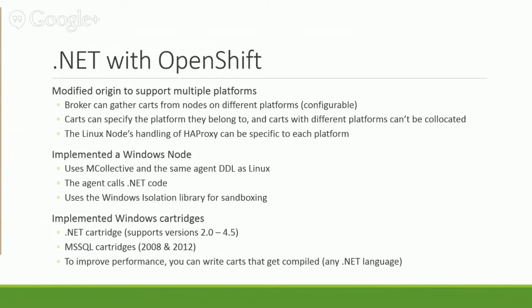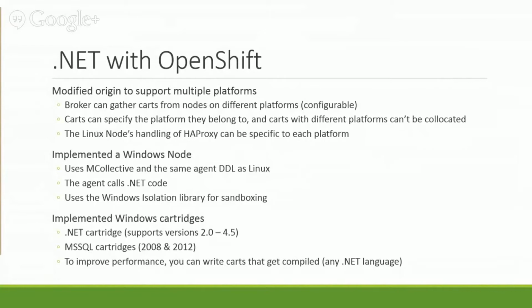But for Windows cartridges, you'll see in their manifest YAML a platform called Windows. We also changed how the Linux node handles the HAProxy cart, and this handling can now be different for each platform.